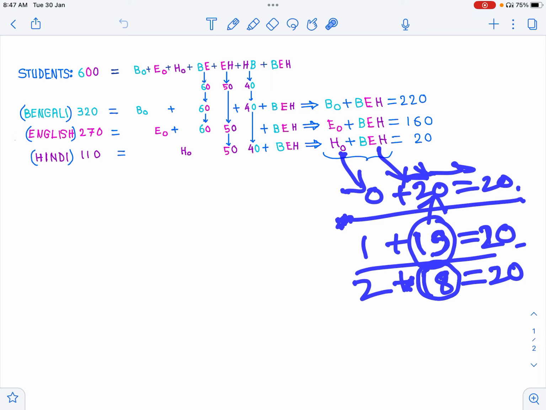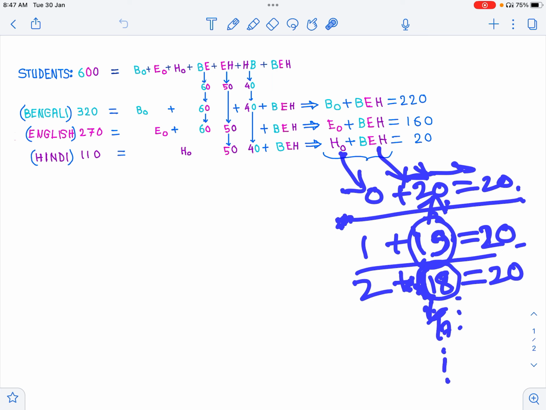So if we put various numbers of students learning only Hindi, then the number of those students who learn three languages would just decrease, isn't it? From 20, 19, 18, and then 17.